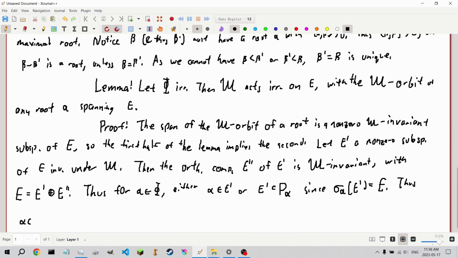Thus, alpha lies in E prime. Thus, if alpha doesn't lie in E prime, it lies within E double prime.